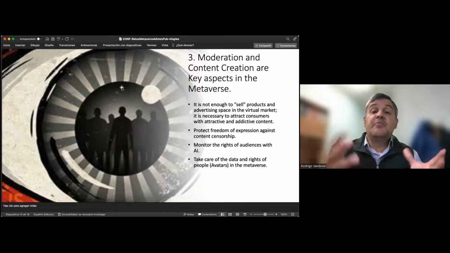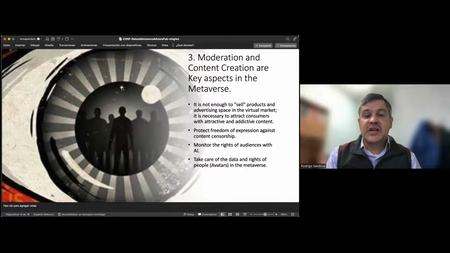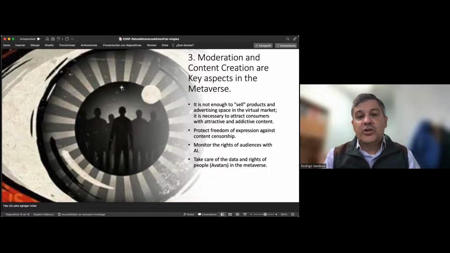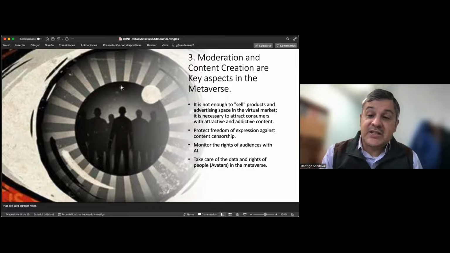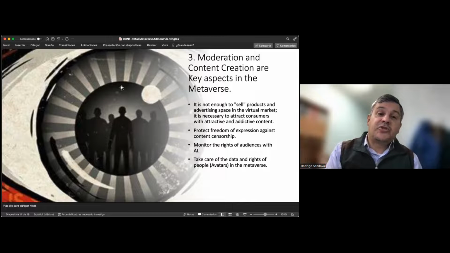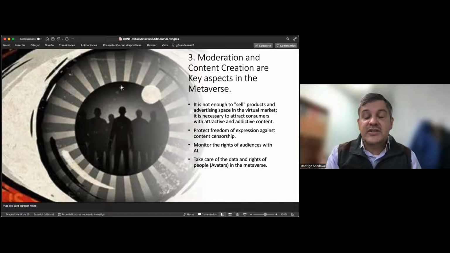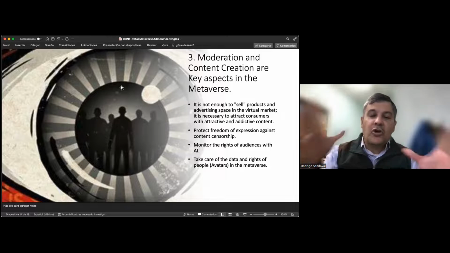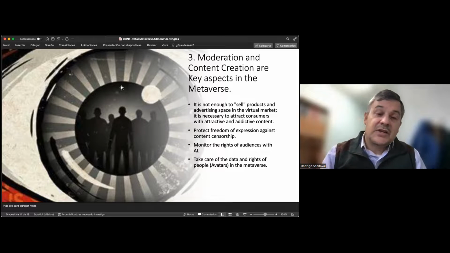So how can we moderate this content creation? How can we decide, or censor, if it is the case, which contents are allowed and which content must not be happening in the metaverse, in a way that protects the freedom of speech, the liberties, that protects the rights of the different audiences with different ideologies, with different beliefs?